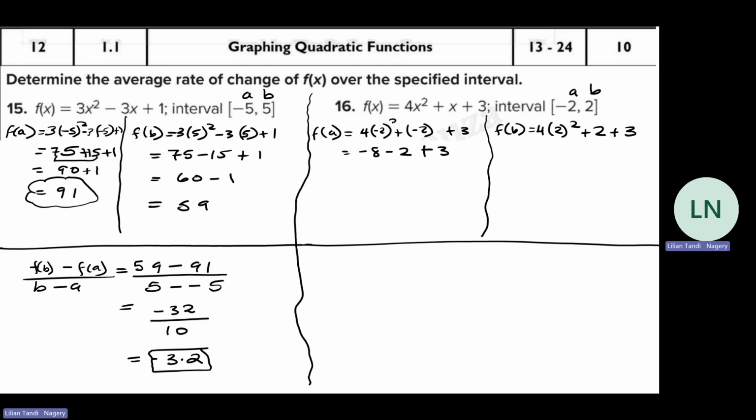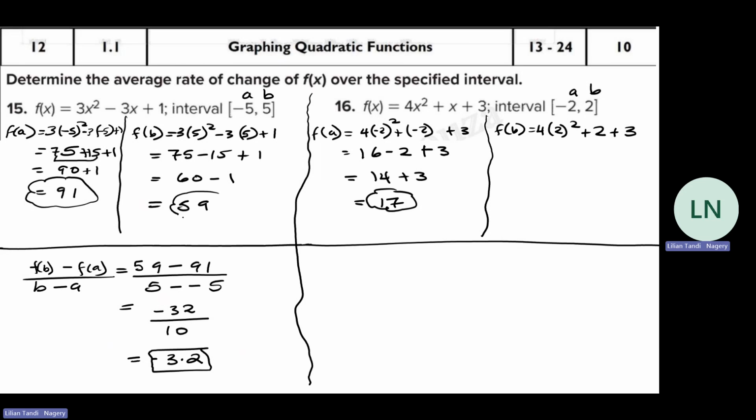No, this is squared. Okay, so that will give you 4, and then 4 times 4 will give you 16. Okay. All right, and then you get here 14 plus 3, which gives you 17.